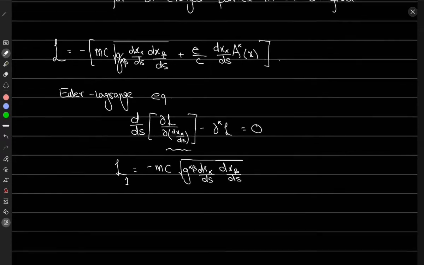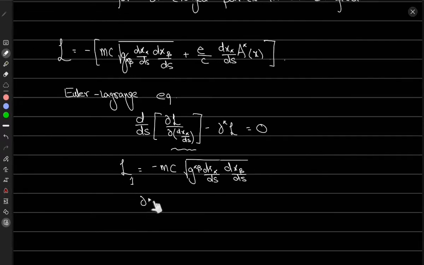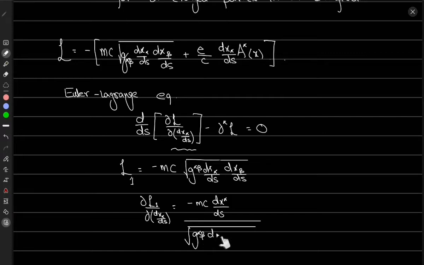So this means that this term, partial of curly L1 over partial of dx alpha over ds, is equal to minus mc dx alpha over ds divided by the square root of g alpha beta dx alpha over ds times dx beta over ds. Right.